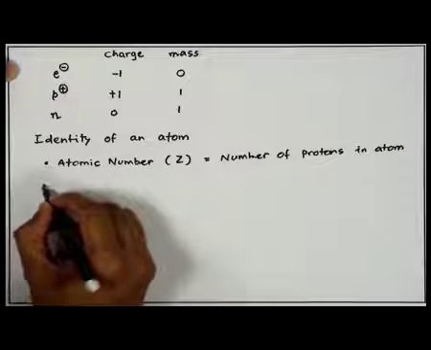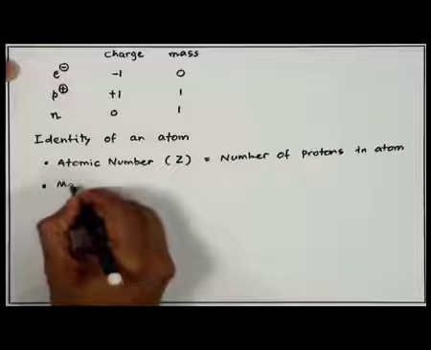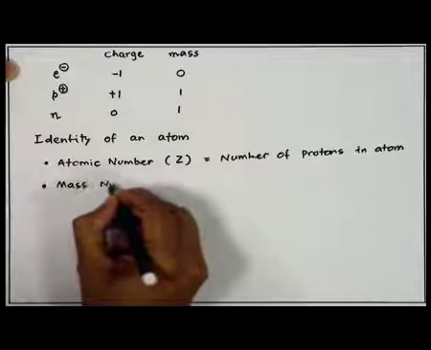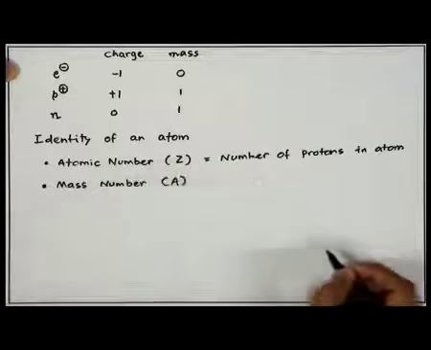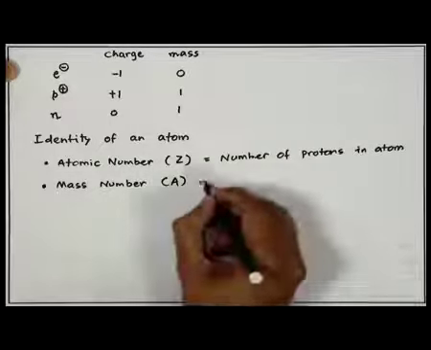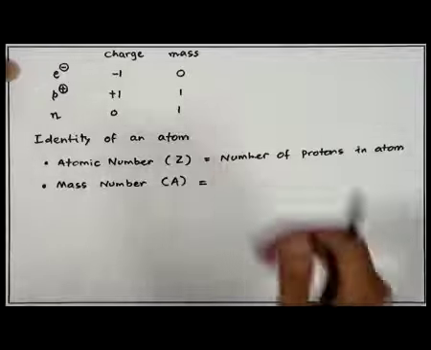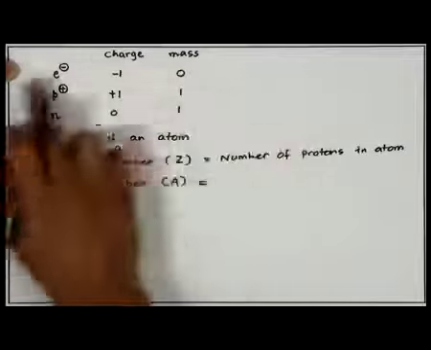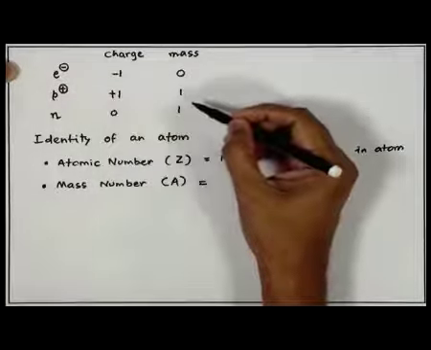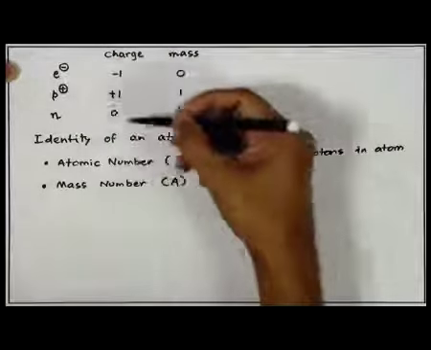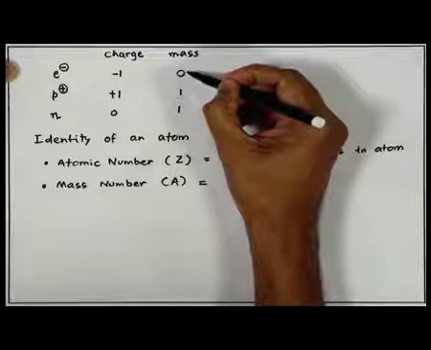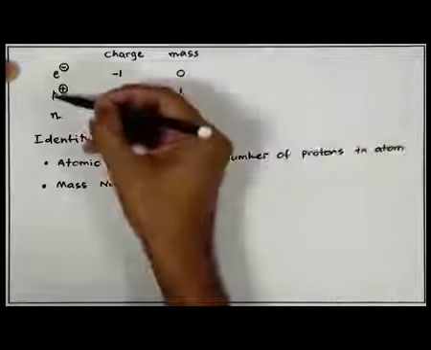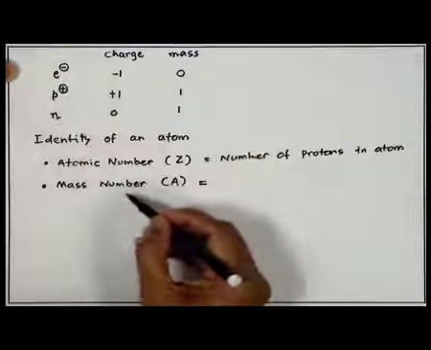We need another quantity, and that is called the mass number. The mass number is given by the symbol capital A, which actually signifies the mass of the atom. From this table, you already know which of the particles contribute to the mass of the atom. Certainly not the electron, because the electron has very little mass, which is negligible. So, proton and neutron contribute to the mass of the atom.